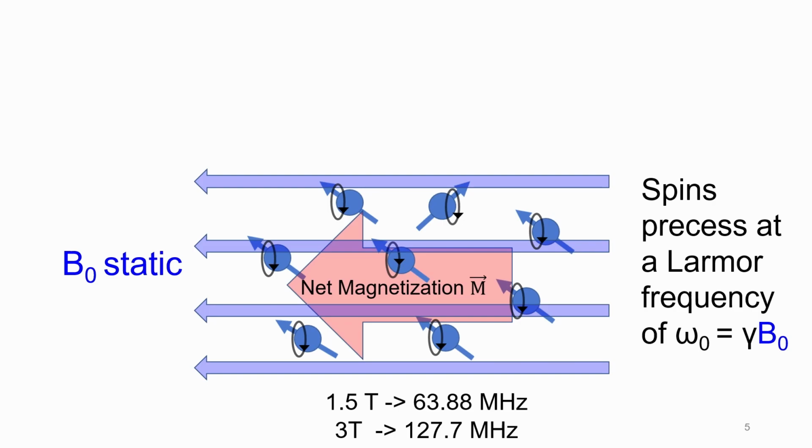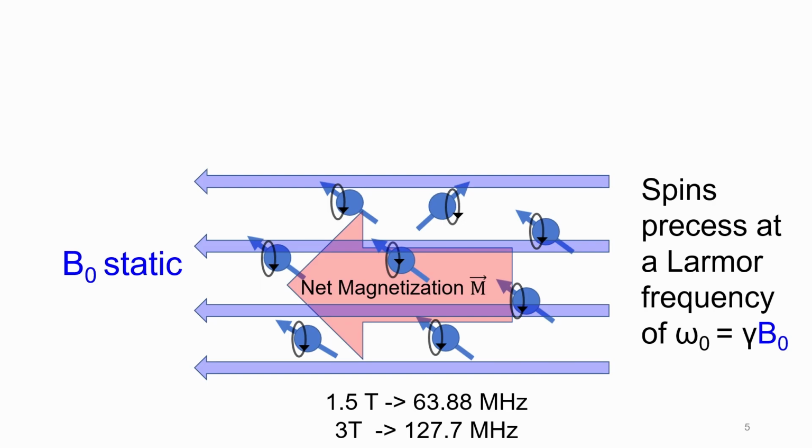And 1.5 Tesla corresponds to a Larmor frequency of 63.88 megahertz, while 3 Tesla corresponds to a Larmor frequency of 127.7 megahertz.